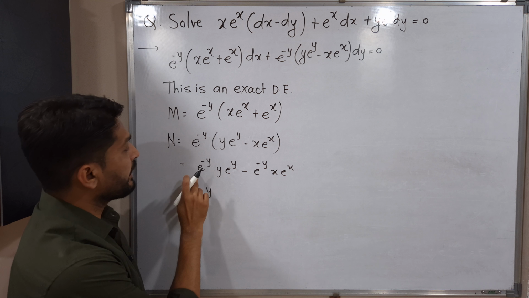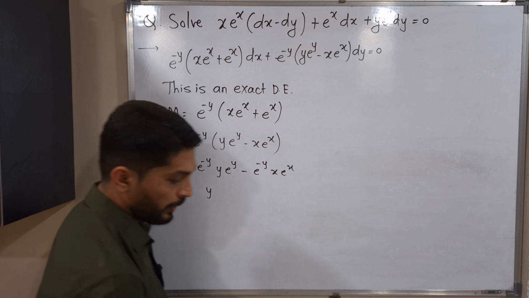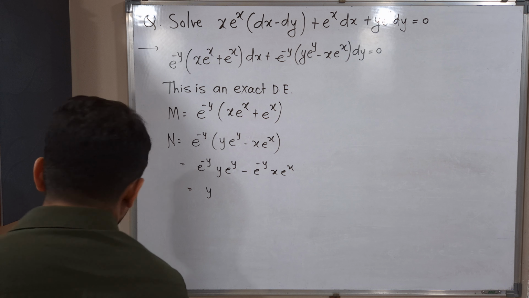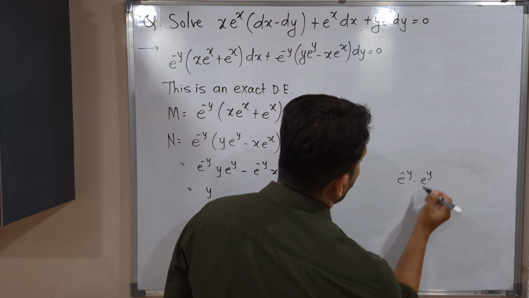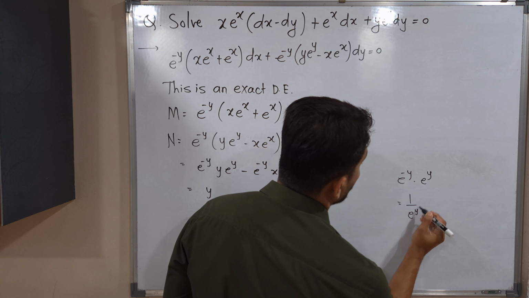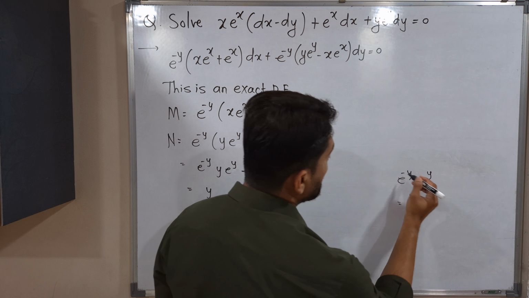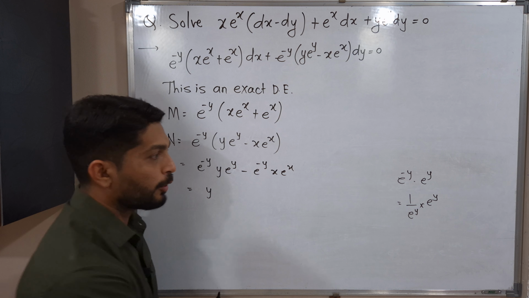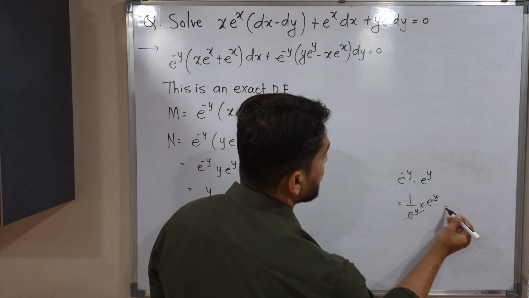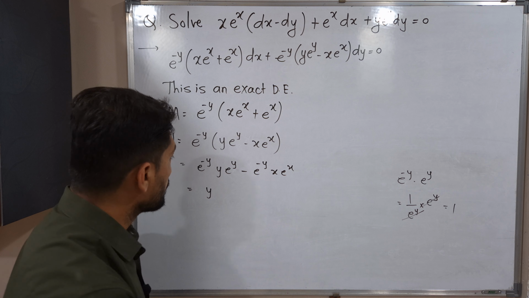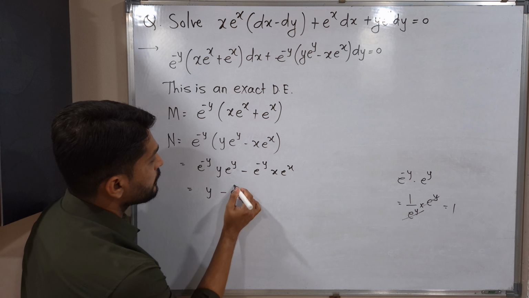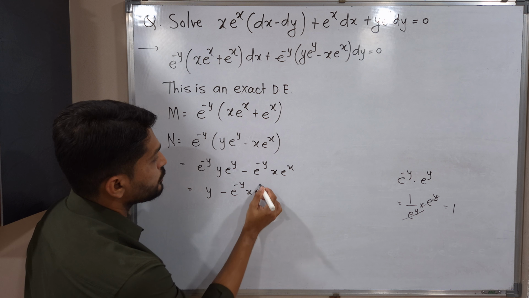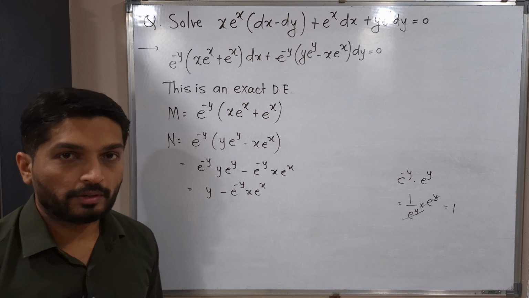You can easily see we have e raised to minus y and e raised to y. e raised to minus y into e raised to y means 1 upon e raised to y into e raised to y. The power is negative, so you can shift it to the denominator. Terms will get cancelled and you will have 1 only. So we will have in n just y minus e raised to minus y, x e raised to x. Now it is looking better, right?